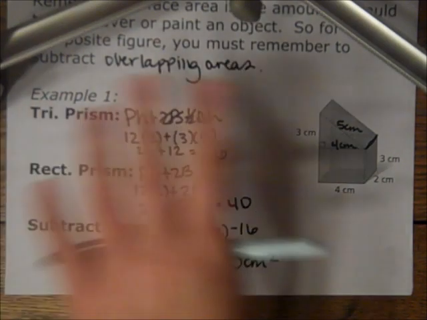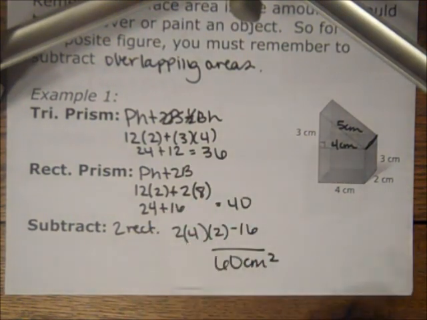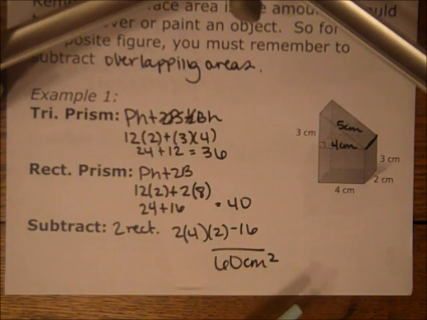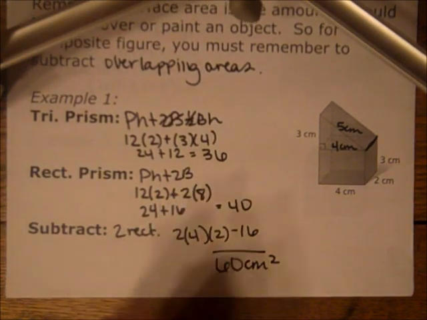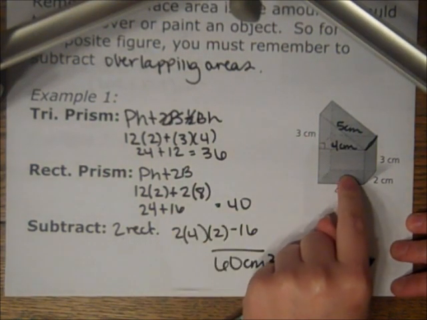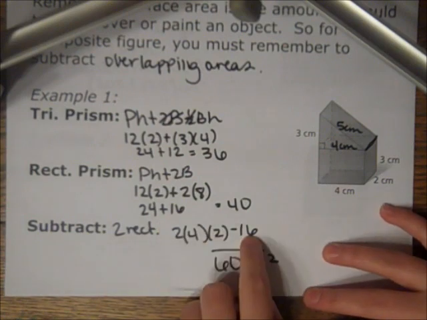Okay, so this is kind of the long way to do the problem, is to do total, and then take out the two bases. But what I want you to start thinking of is an easier way to do this. Here, we added in the 16 from these two bases of the rectangular prism, the 4 by 2 here and the 4 by 2 here, but I didn't need those because I just turned around and re-subtracted them back out again.